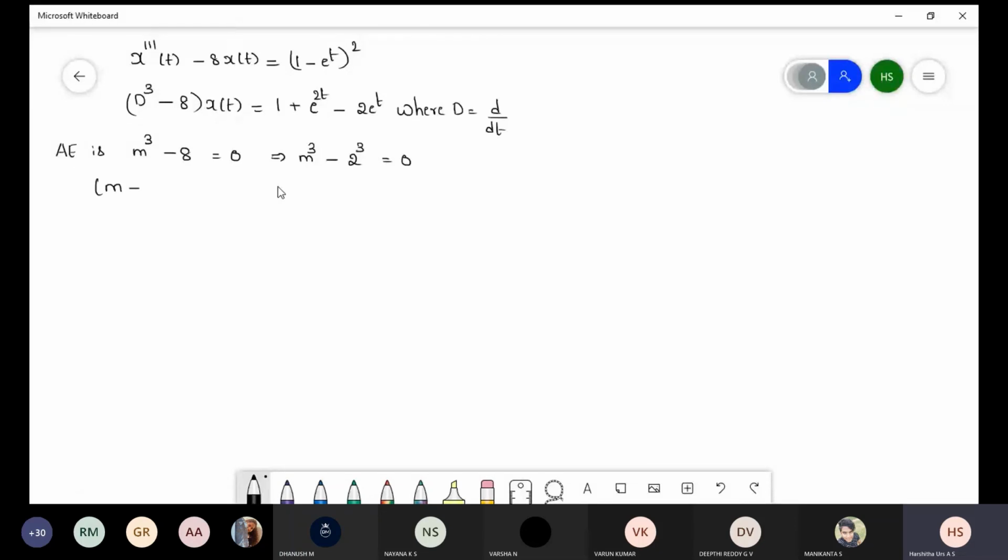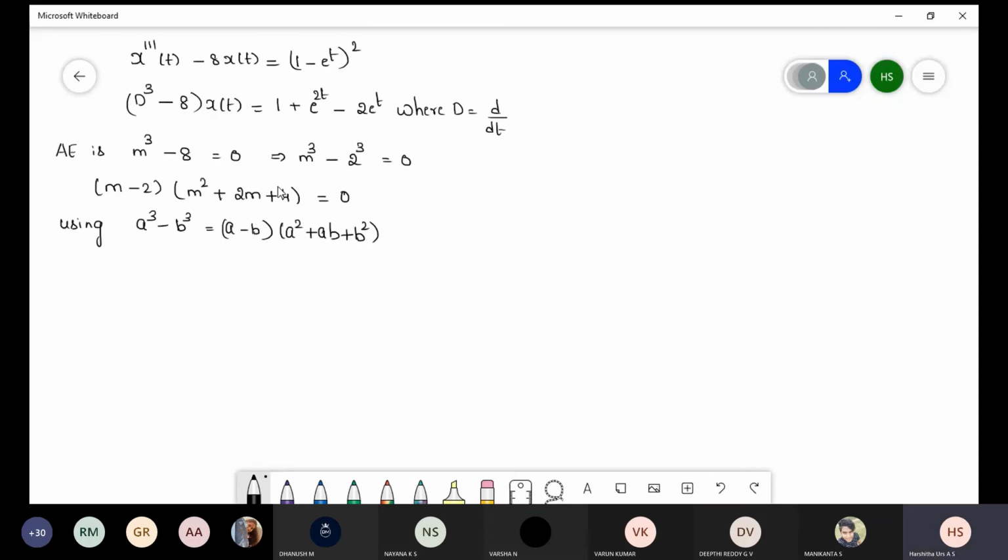A minus b into a square plus ab plus b square, that is m minus 2 into m square plus 2m plus 4 is equal to 0. I write using a cube minus b cube, that is a minus b into a square plus ab plus b square. This is the formula.